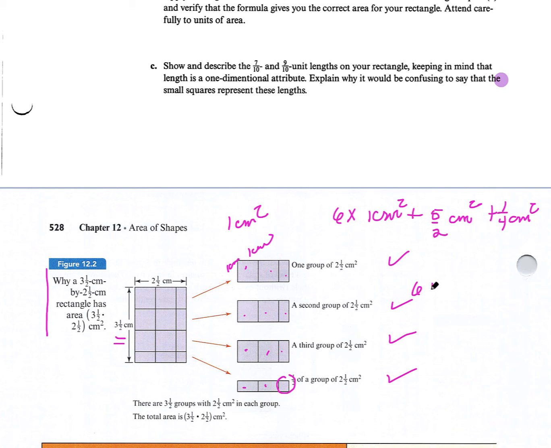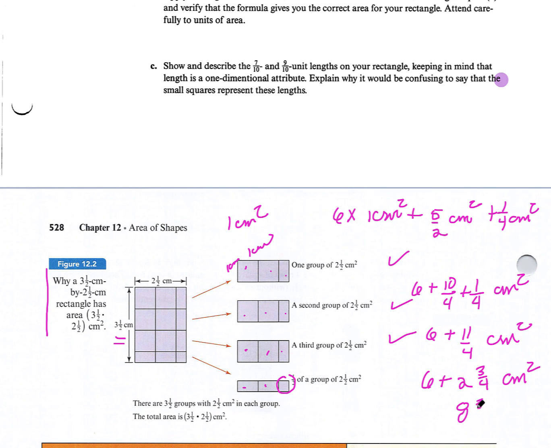We've got 6 plus 10/4 plus 1/4 of a square centimeter. So 6 plus 11/4 square centimeters. So 11/4 would be 2 3/4 square centimeters. So we're going to end up with 8 3/4.